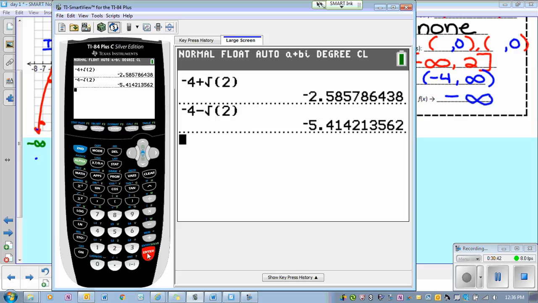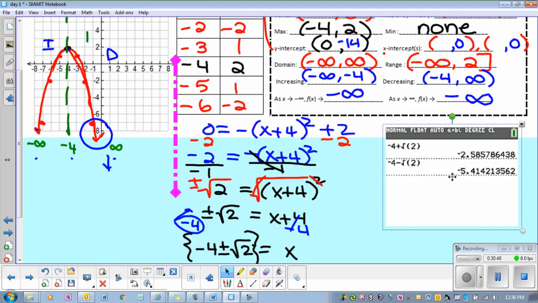Okay. I'm going to show you how to find this in the calculator too. What is this one? Negative 2.59. Negative 5.41. Sorry, I can't fit it all there. Is that okay?